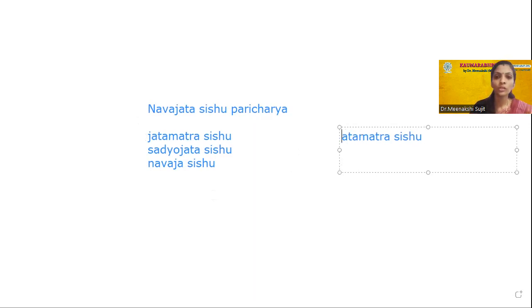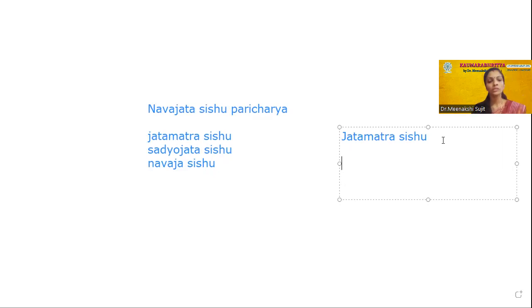As we came to know, Jatamatra is the baby from birth till cutting of umbilical cord, right? So in this, as our acharyas mentioned, the procedures that come under Jatamatra Shishu immediately after birth are Pranapratyagamana, first point. As we know what is this Pranapratyagamana, I'll write here so that it will be clear.